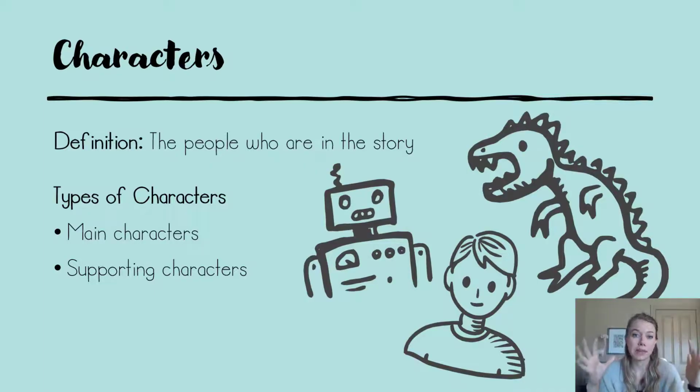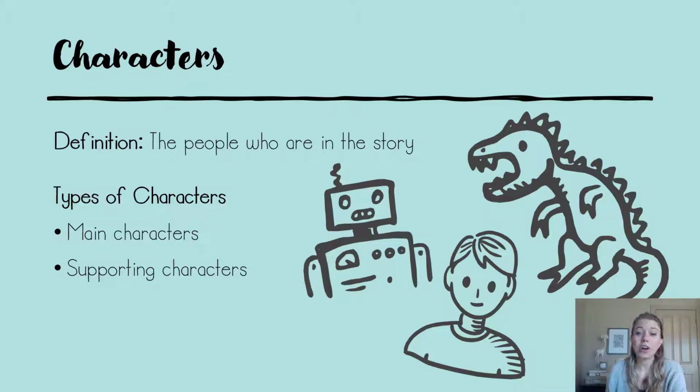They play the biggest part. Your supporting characters, though, they're still important. They still move the story forward. They just play a smaller role. So maybe like Justin, Augie's friend who moves away from Brooklyn, or Charlotte. Those would be examples of your supporting characters.